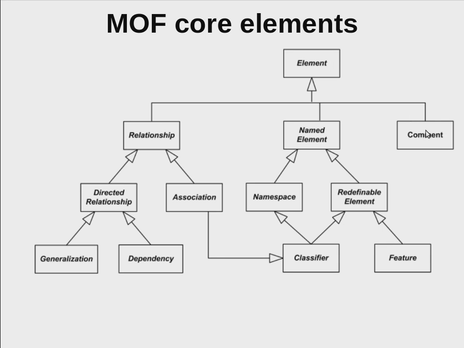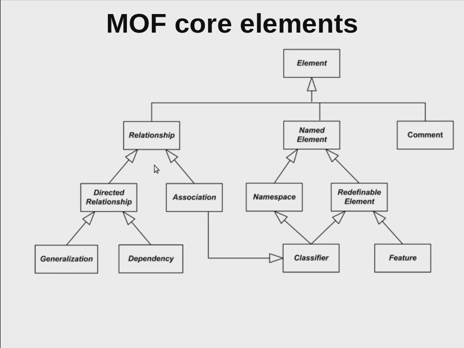Some elements may be comments, that's easy, or they may be named elements or relationships, which are still abstract. And relationships may be either directed relationships like generalization or dependency. So this is generalization, and dependency would be a dashed line with an open-ended arrow, or association.